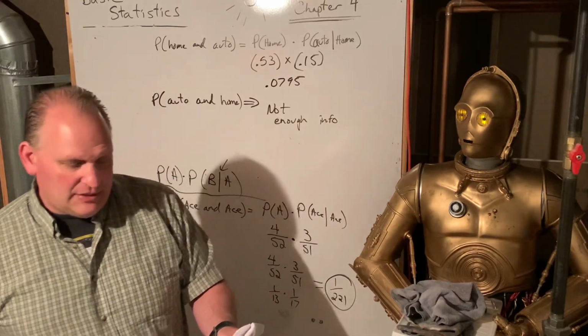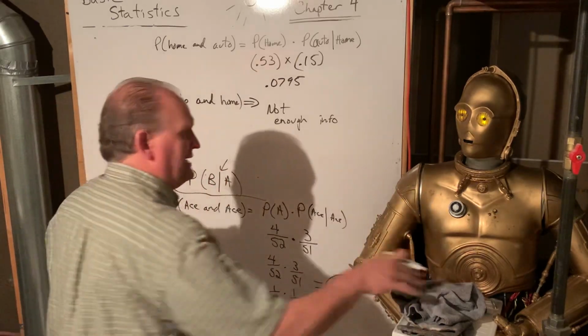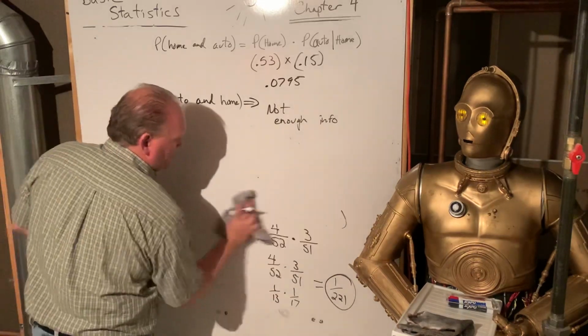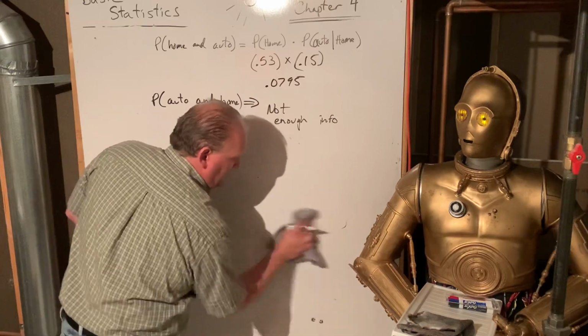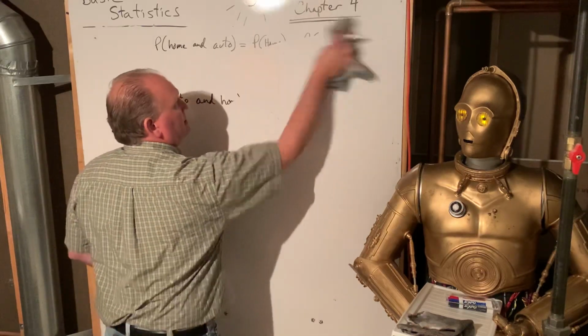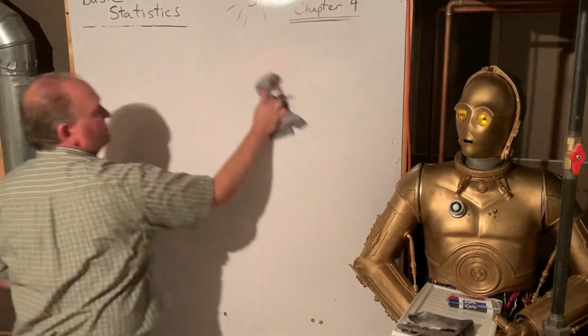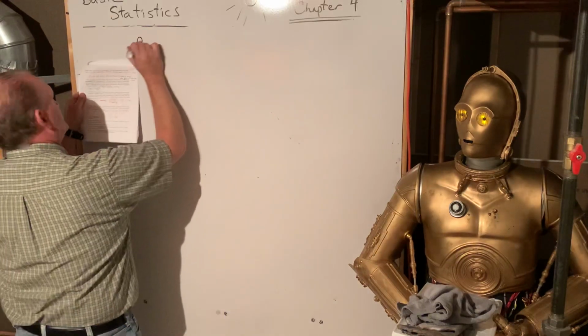Okay. So let's look at this, a pet peeve of mine. I do not like that this book, and most books that I've encountered, don't really do this well with dependent events. They define it like so, and your book does this too.